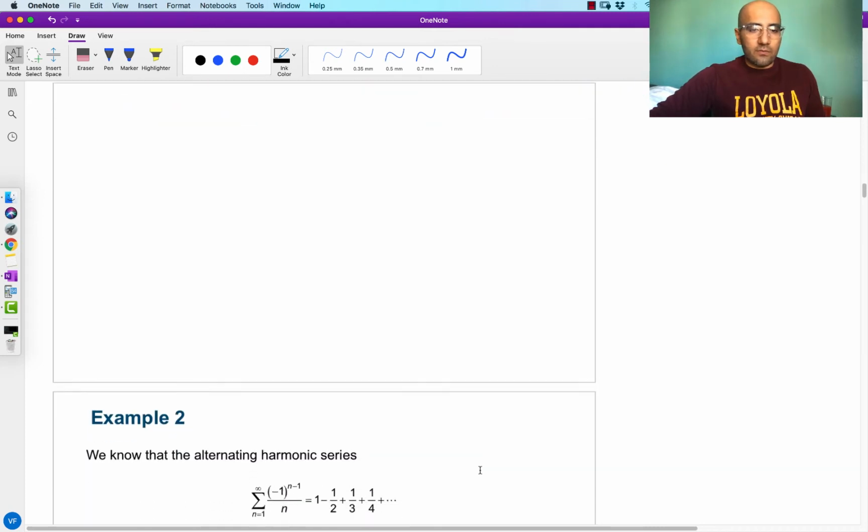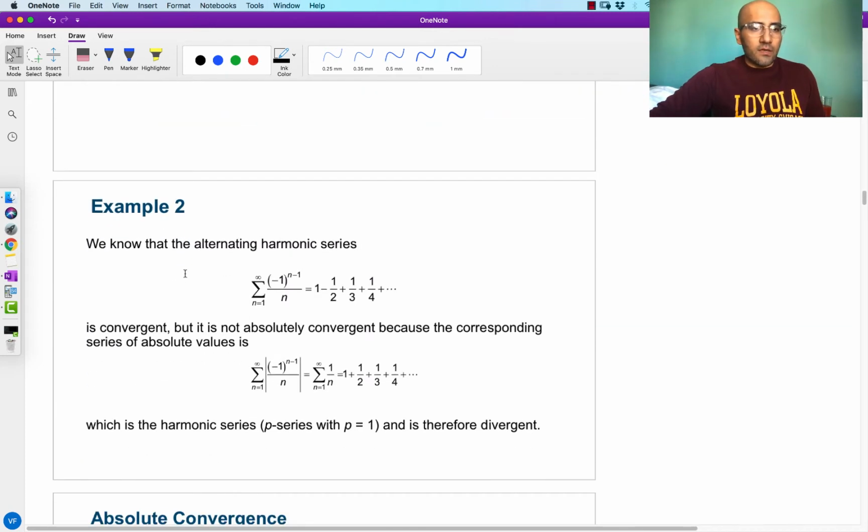Okay, so let's see, is that what the author concluded here? Again, a little mistake with the author here. This is going to be a minus again. We know that the alternating harmonic series is convergent, but it is not absolutely convergent, because the corresponding series of absolute values is equal to this, which is harmonic, or a p-series with p equals 1, and therefore divergent.